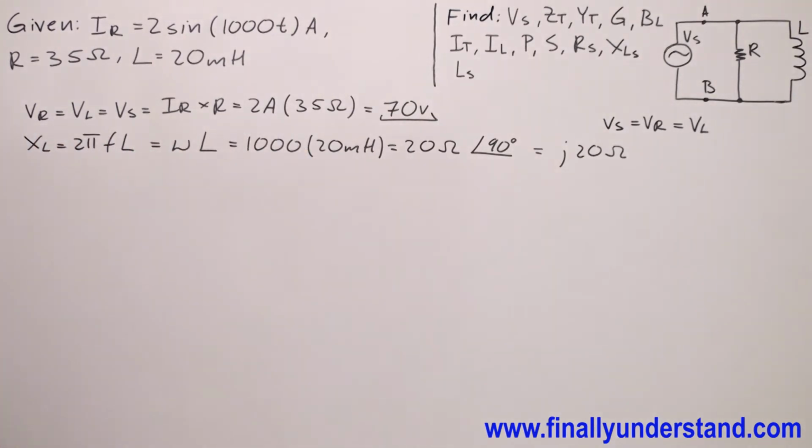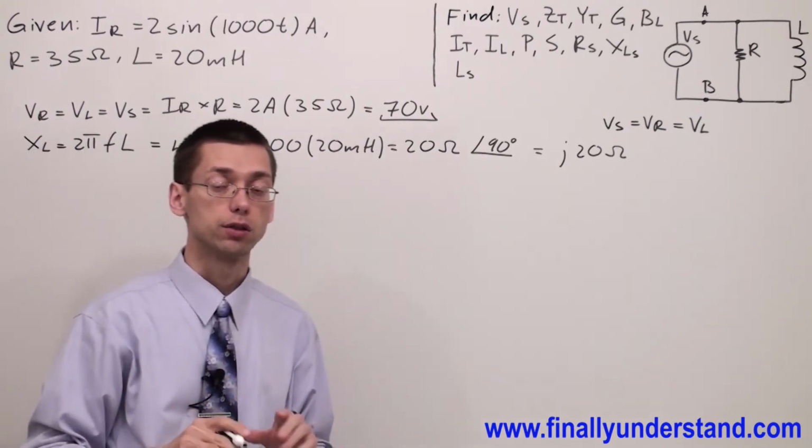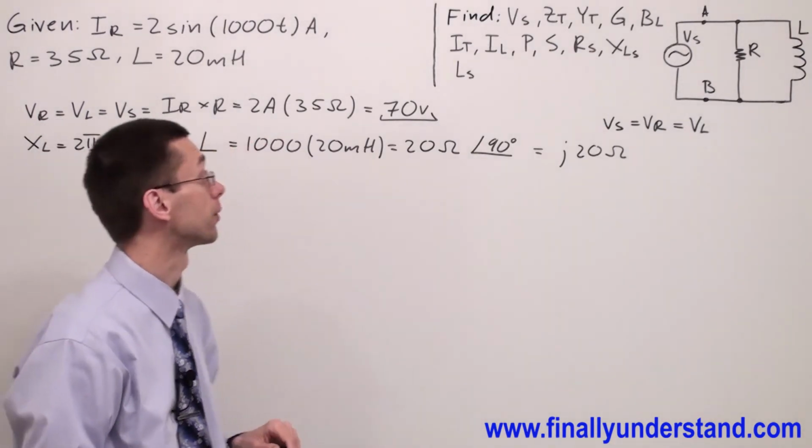So we have the resistance already given, we have X of L, so I can use the product over the sum to find Z total.